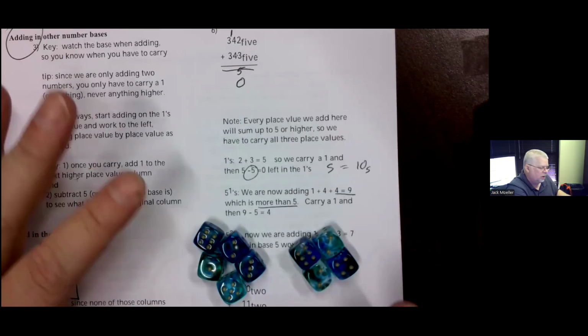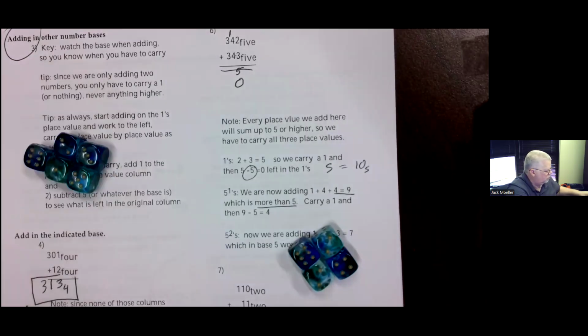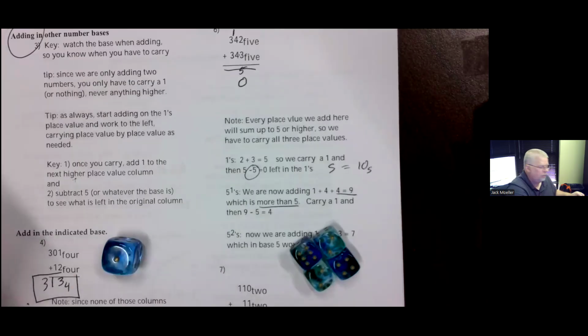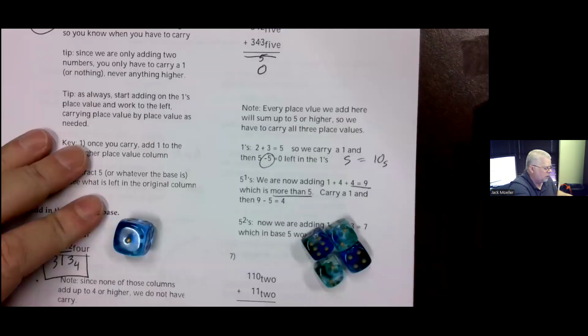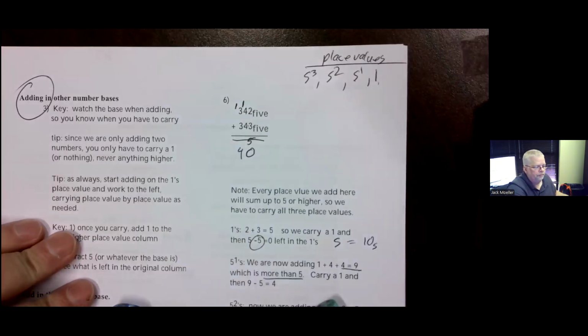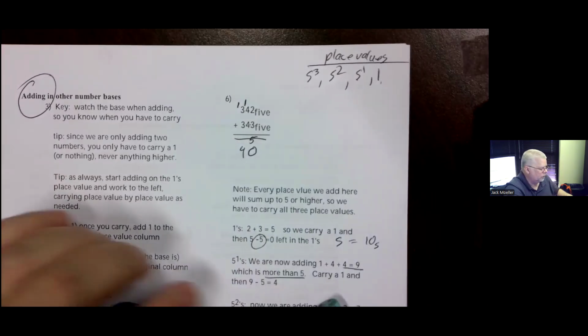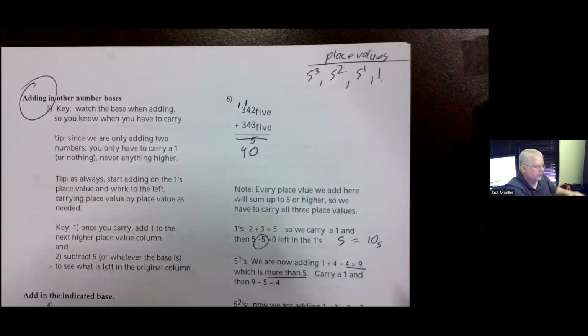So we have 9 5s. 5 of those is going to get carried over to the next higher place value. So we come up here, put a 1. And then how many do we have left over? We have 4. So we put a 4 in that second column. Since we're in base 5, we're subtracting 5 from whatever our sum is to see how much is left.